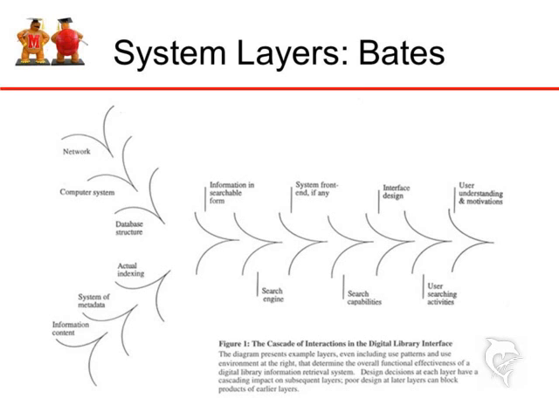The content and metadata structures are more important to us here in 670. The information content is the raw material that the ISAR is meant to provide access to. In a library catalog, the information content, which is at the very lower left of the diagram, is the actual books in a library or periodicals or other media.